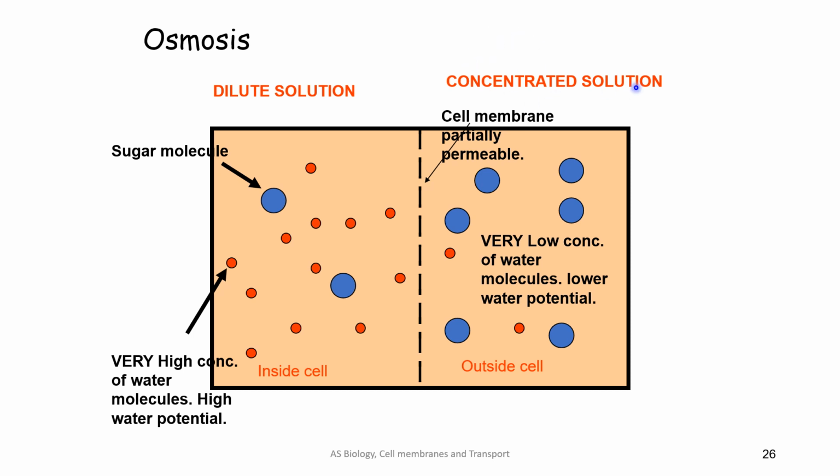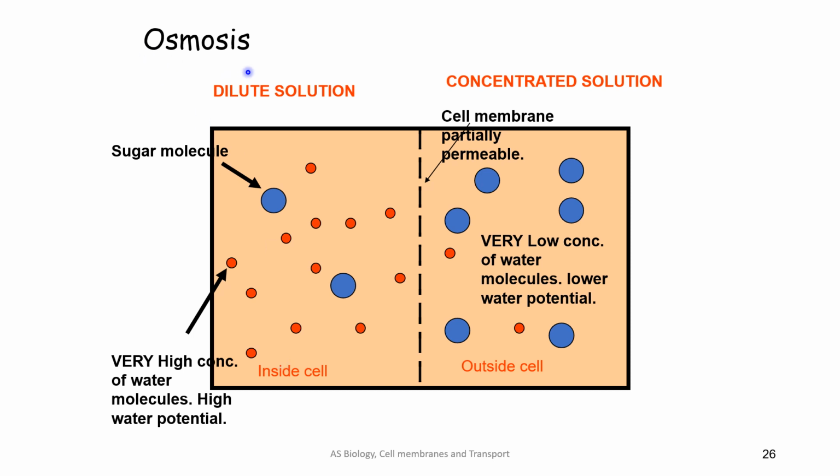So that means there are more other molecules than there are water molecules, okay? So it's a very low concentration of water molecules. So on the outside of the cell, there is a low water potential. On the inside of the cell, there is a high water potential. There's a high concentration of water molecules.